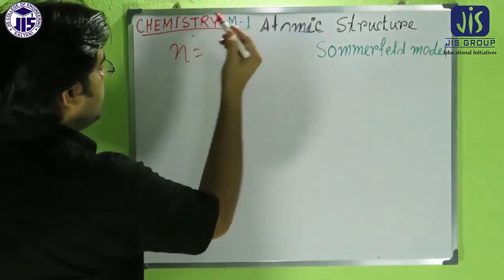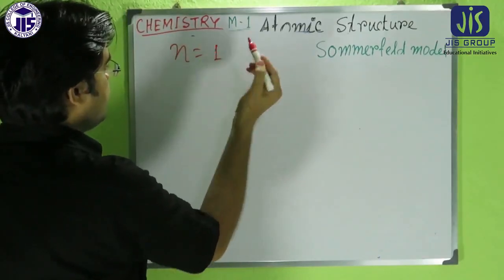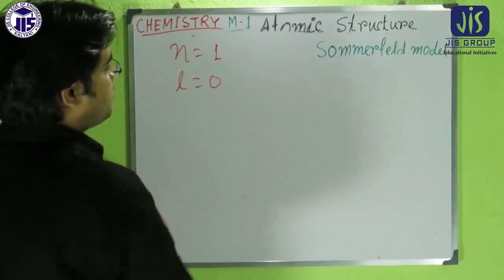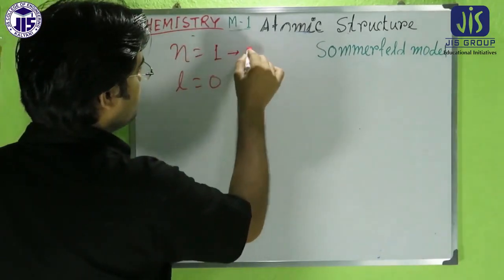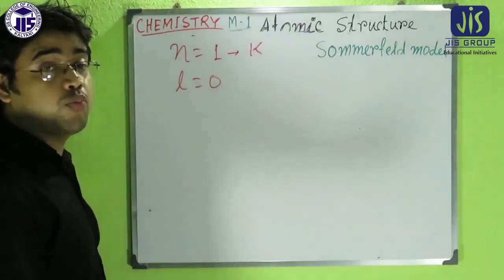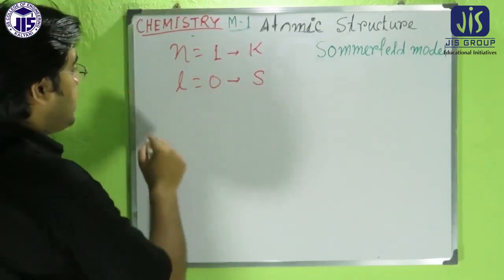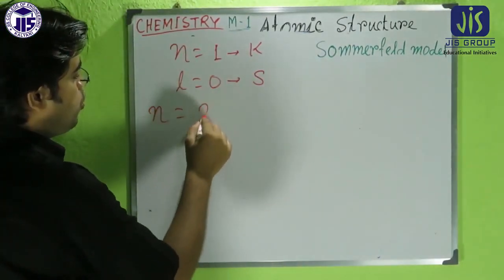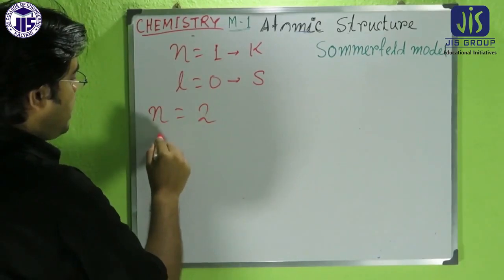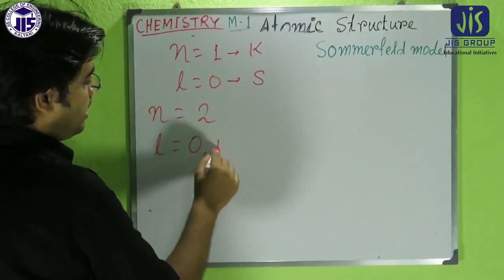If n is equal to 1, then L is equal to 0. That means it has only one shell or orbit, the K, and here only S. But if n is equal to 2, then L is equal to 0 and 1.